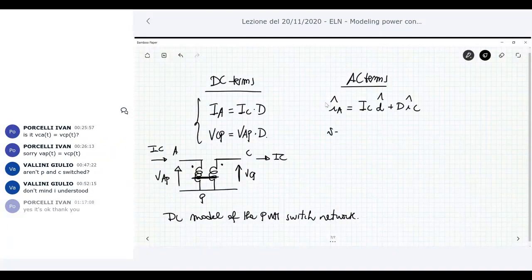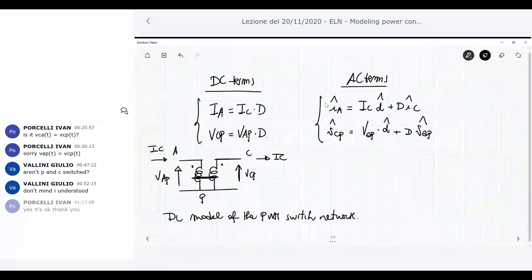And then we have VCP hat equal to VAP hat multiplied by D plus d hat VAP. Okay, I totally separated the two domains, DC and AC.